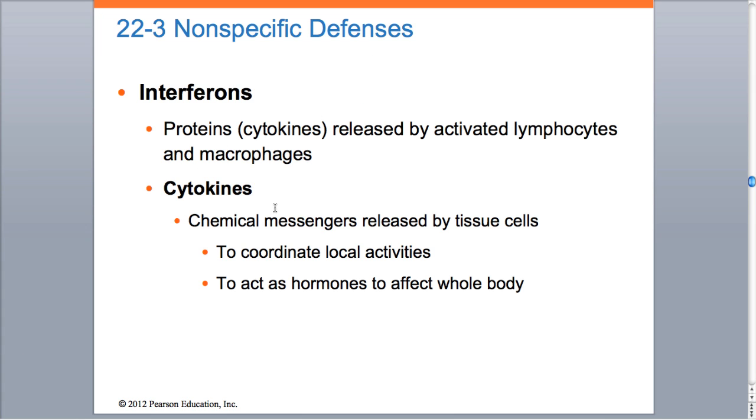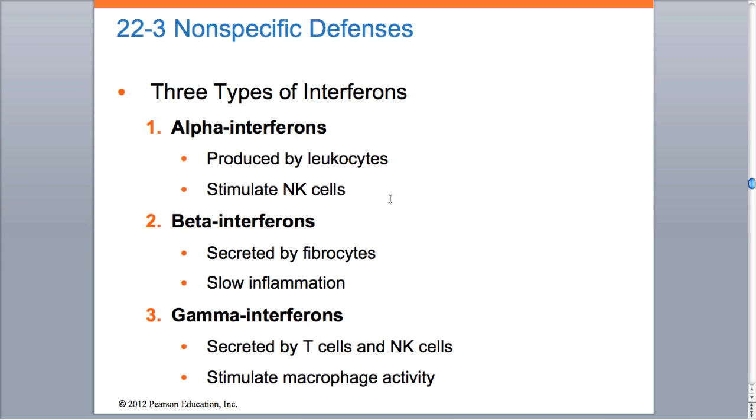Interferon. We've already spoken of interferon. We said that interferon was a cytokine. It allows a cell to react. We've discussed it. Next slide. We have different kinds of interferons, alpha, beta, and gamma.